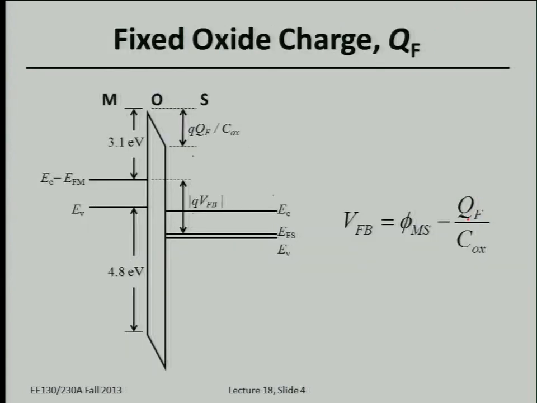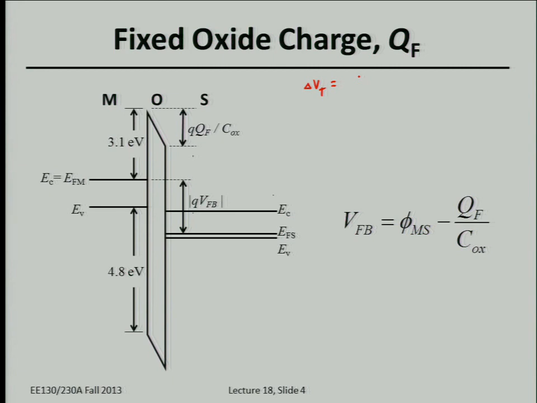So it turns out that is very simple. The influence of the fixed oxide charge is that there's going to be some shift in the threshold voltage, and that's going to be equal to some Q over C, right?